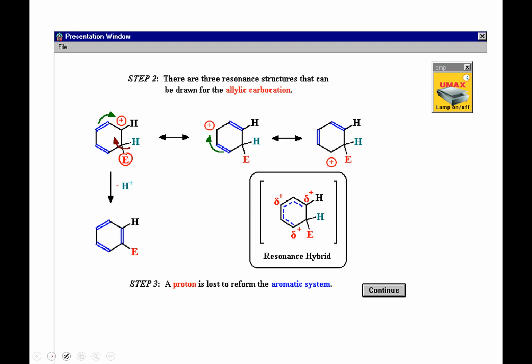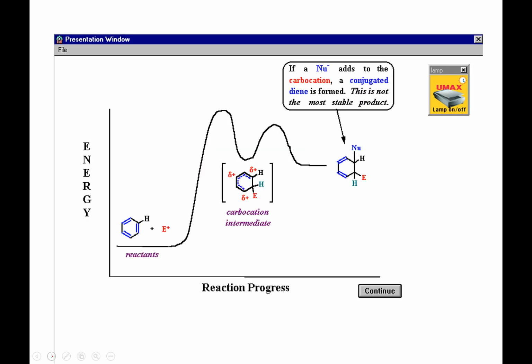Now let me go to the next slide, because the question is, do I lose the H+ or... well, actually no, the question is which H+ do I lose? Or have a nucleophile attack. So here's my resonance structure. Normally what we do with the double bond is we add the electrophile and then we add a nucleophile to it.